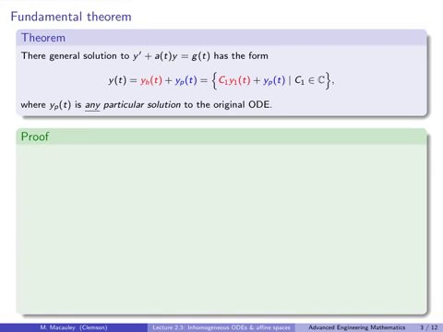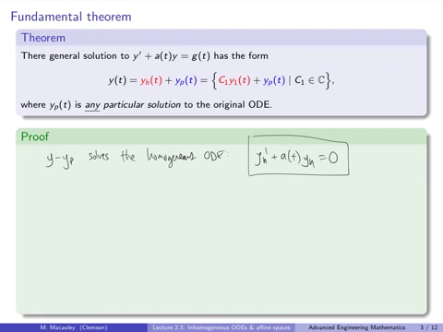So let's do that. Let's take y minus yp, and I claim that this solves the homogeneous ODE. In other words, yh prime plus a of t yh equals 0.